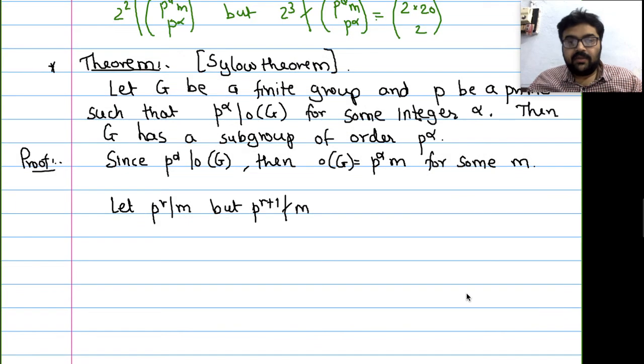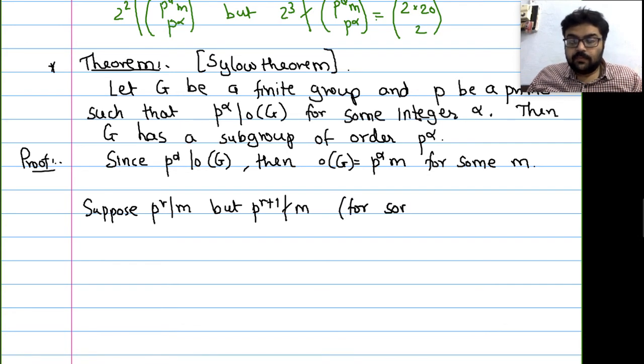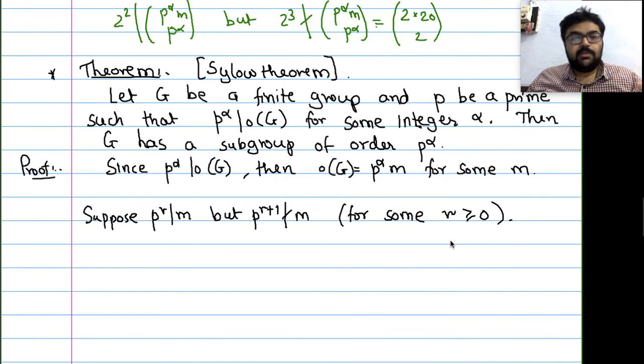Let us fix it. Suppose p power r divides m, but p power r plus 1 does not divide m. Whatever the r is, we find it and fix it. So for some r greater than equals to 0, r can be 0 also. If alpha is maximum, then r is 0, no problem.